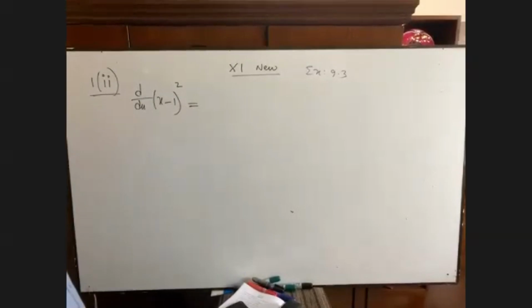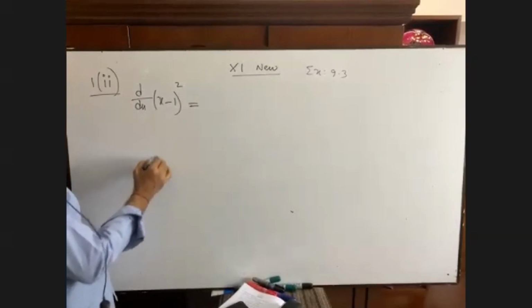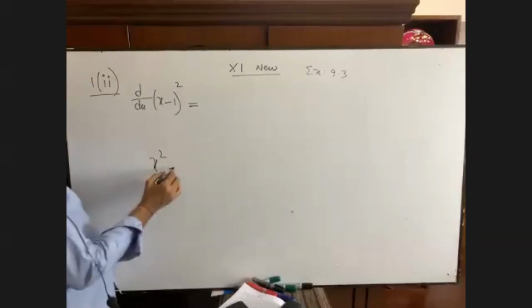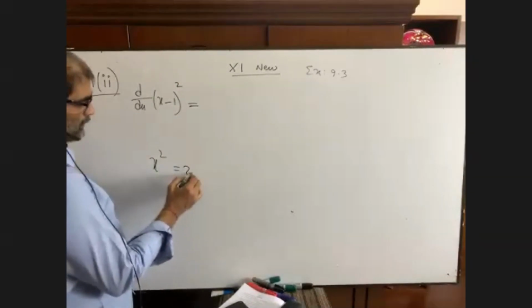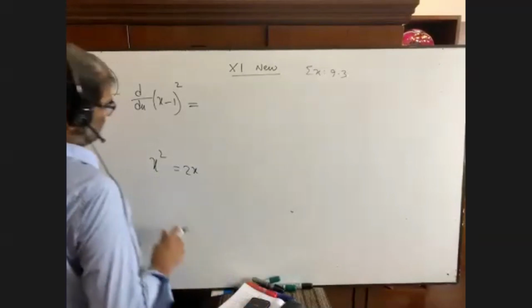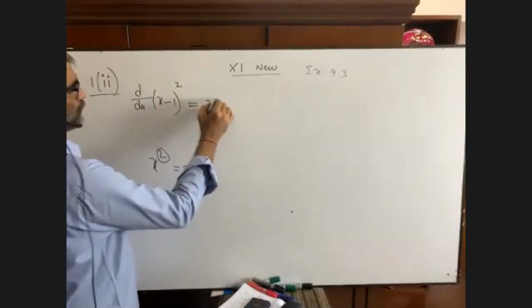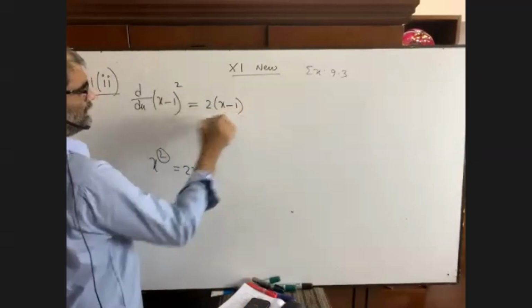Try to understand one thing. What is x square? Talk to me. So 2x. 2x means what? This is 2, right? So you consider this 2. So it is 2x minus 1, right?